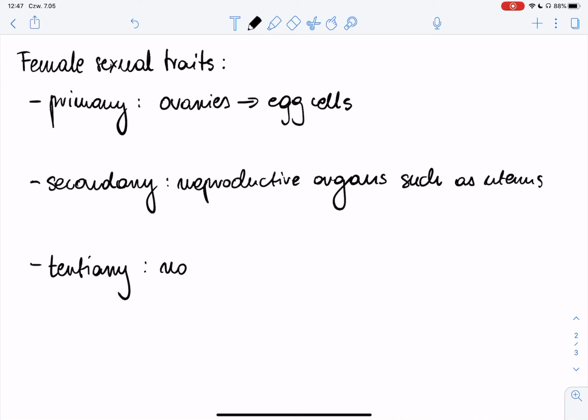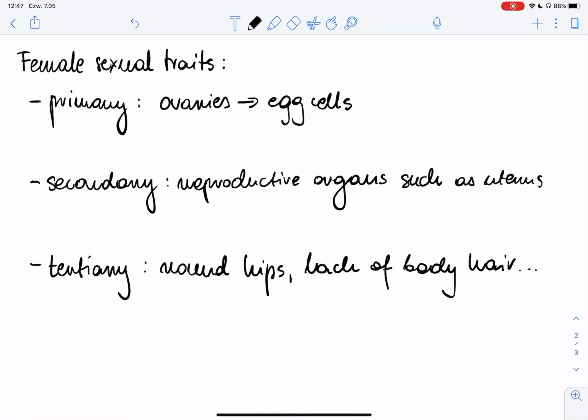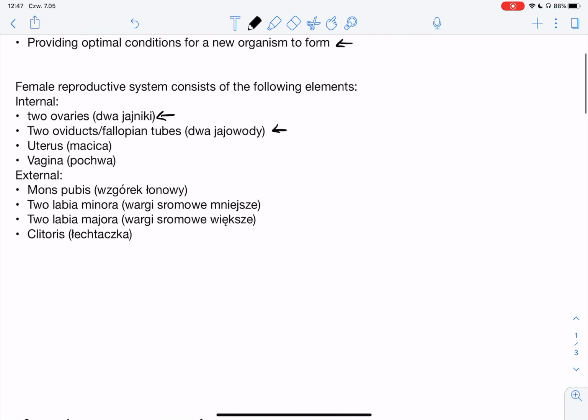So round hips, lack of body hair, and so on. Guys, so this is it for today. We will continue this topic, of course, because the functioning of female reproductive system is complicated and it definitely deserves a separate lesson.